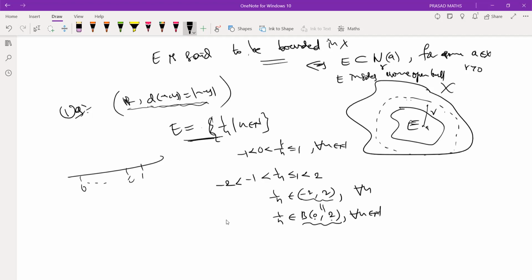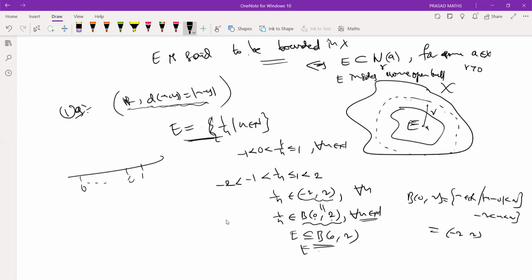That is the set of all real numbers whose distance from 0 is less than 2, that is, -2 less than x less than 2, the open interval -2 to 2. Therefore every member of the set is inside the ball, so the set is contained in the ball centered at 0 with radius 2. According to this definition, it is bounded in this metric space.